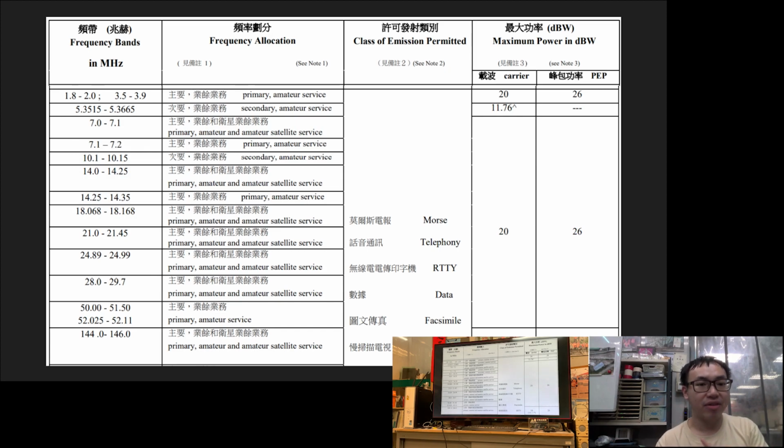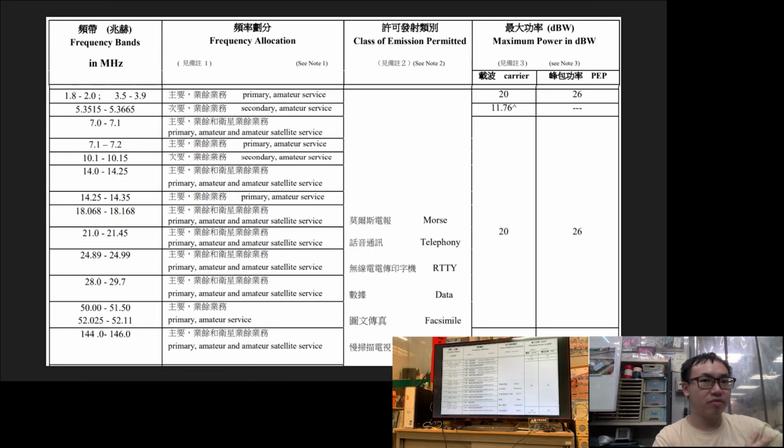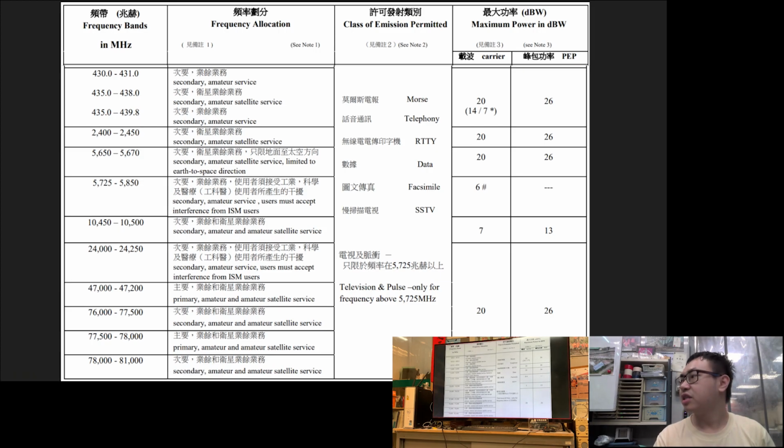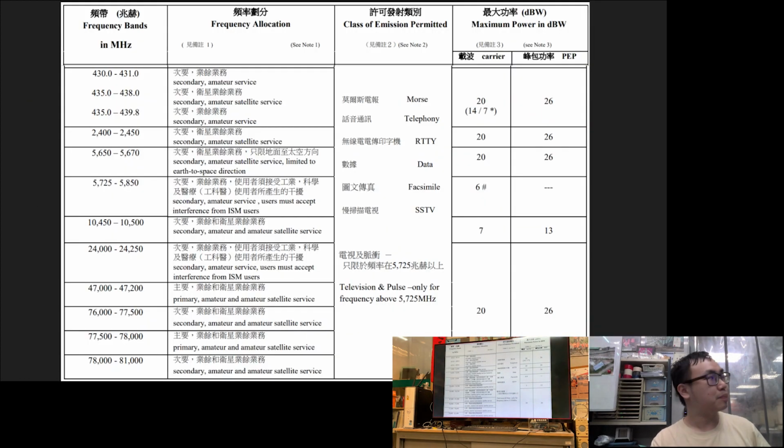It is just another word referring to the frequency band allowed to be used by amateur radio. SSTV can use any of these, but television needs to be 5725 and above.